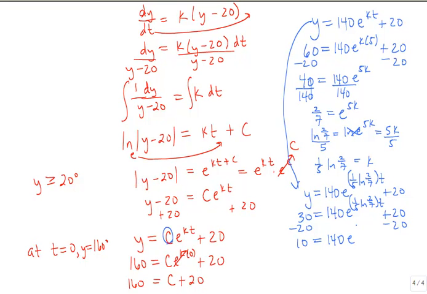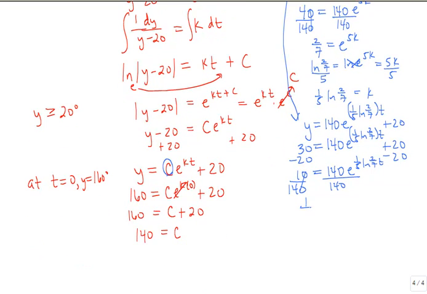And then I want to get rid of that coefficient that's out front. So I'm going to go ahead and divide by 140. So a couple of zeros will cancel out, and I'll get 1/14 equals e to the 1/5 ln of 2/7 times t.